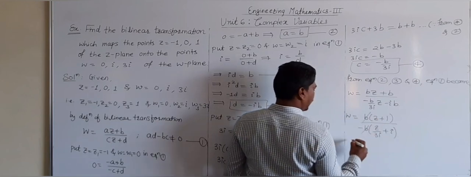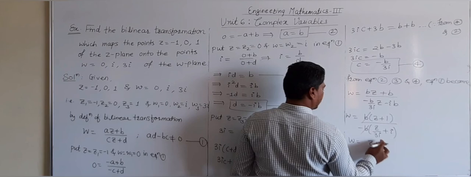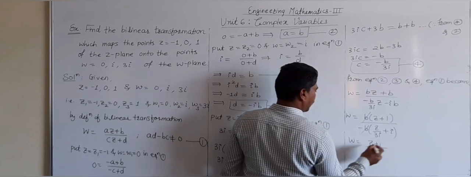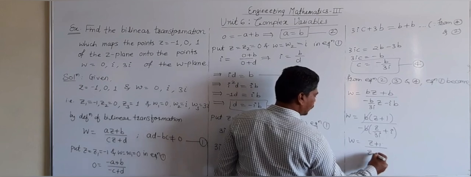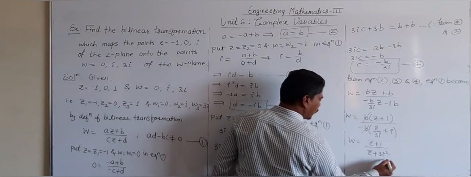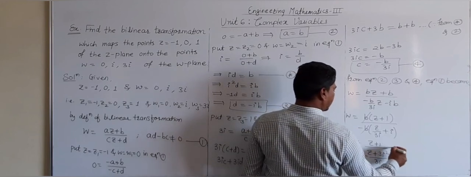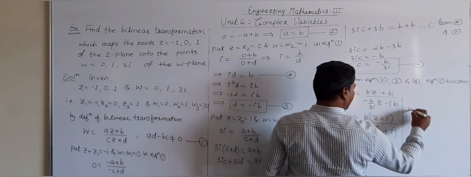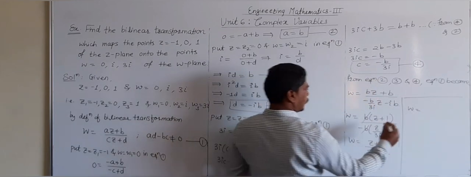So this B will get cancelled, we get W is equal to Z plus 1, divided by, simplify this using cross multiplication, Z plus 3i squared, 3i into i becomes i squared, divided by 3i. This minus sign as it is. So in that way we get W is equal to the reciprocal.